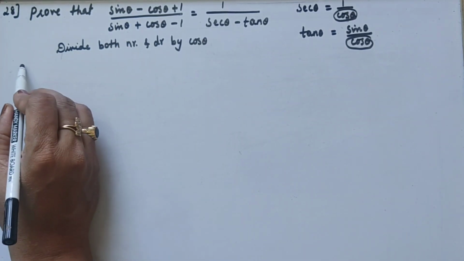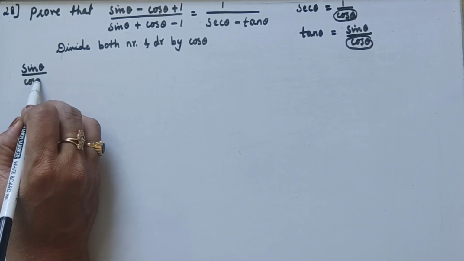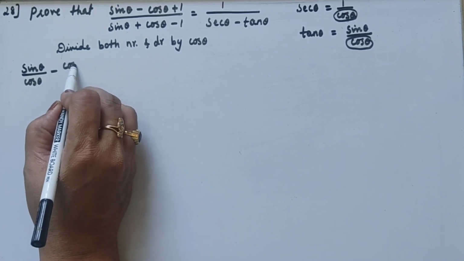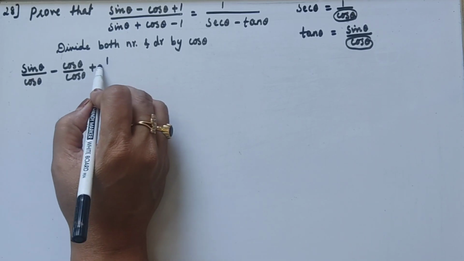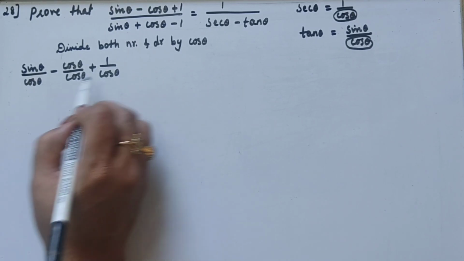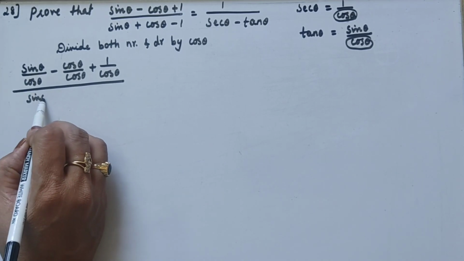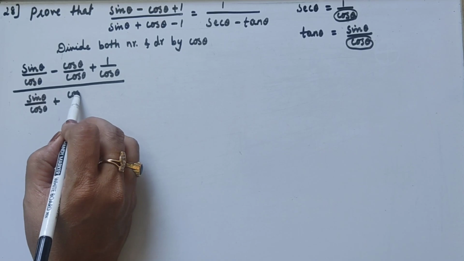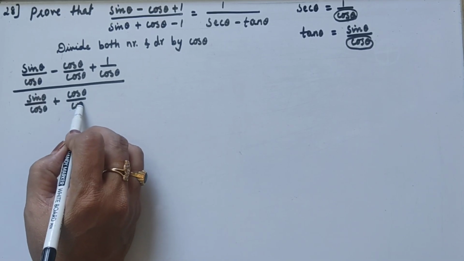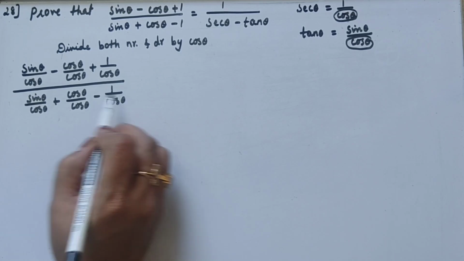Now let me write here (sin theta/cos theta − cos theta/cos theta + 1/cos theta) whole divided by again (sin theta/cos theta + cos theta/cos theta − 1/cos theta).